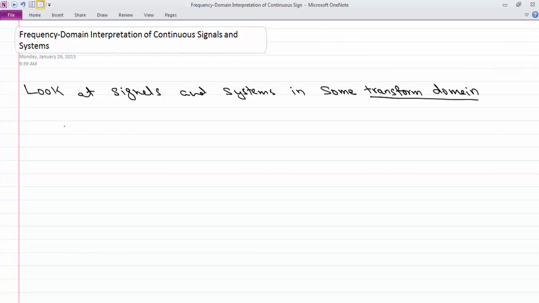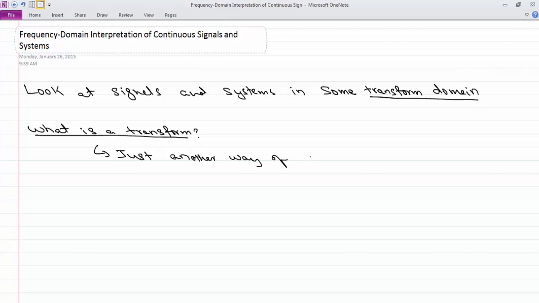Mathematically, you can rigorously define what a transform is. Right now, I'll just take an intuitive answer to this question of what is a transform. A transform is just another way of looking at a mathematical function.